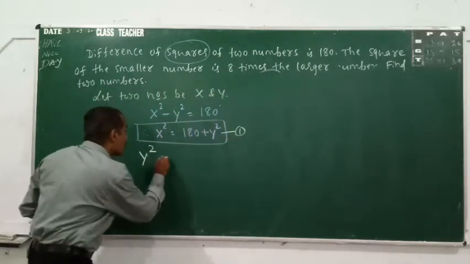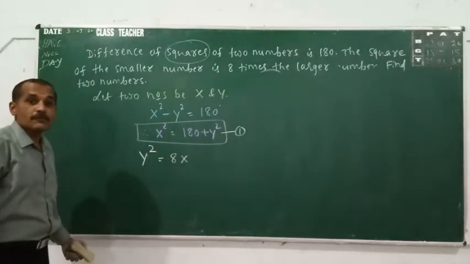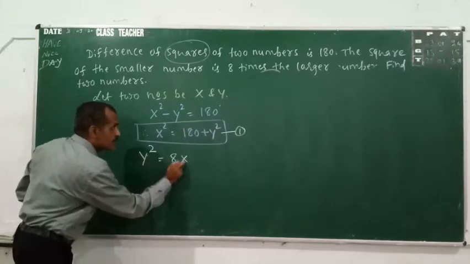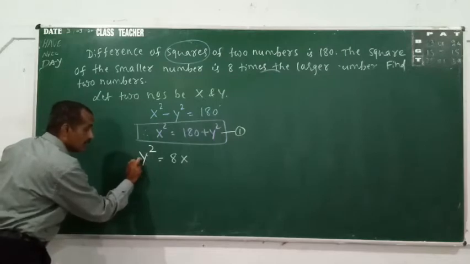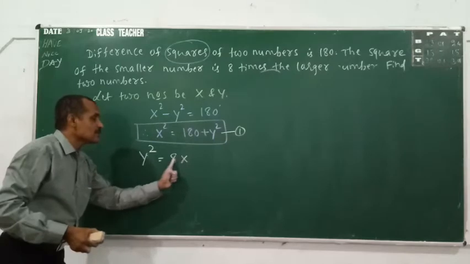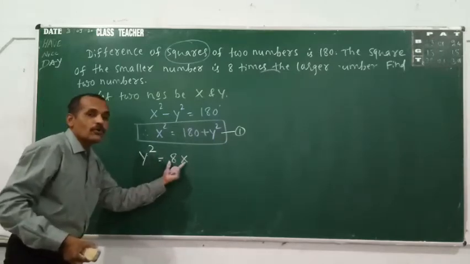Here x is bigger. The square of the smaller number is already more, so I should multiply 8 to this. So y square is equal to 8 into x.